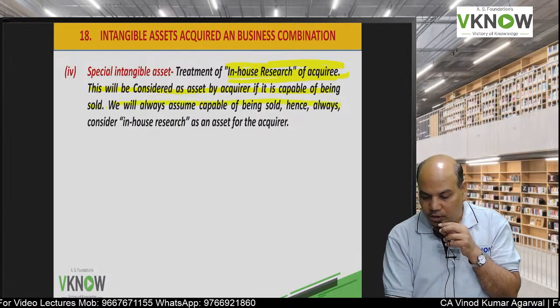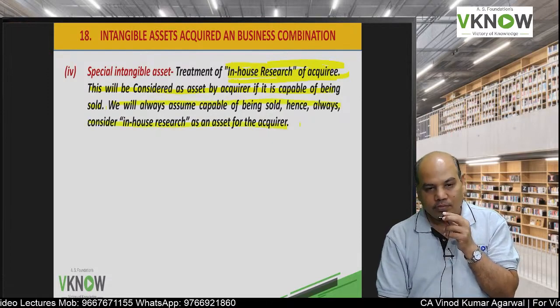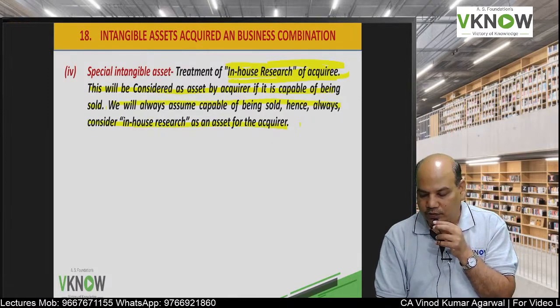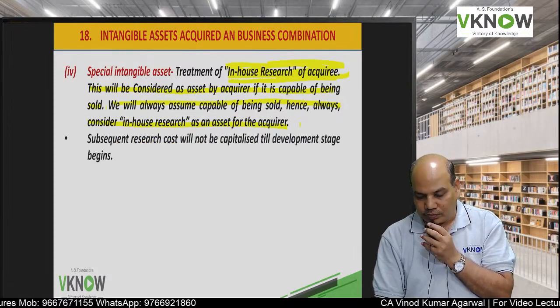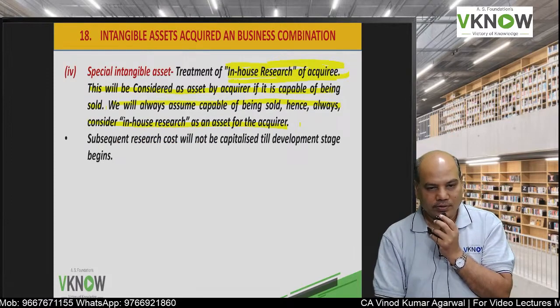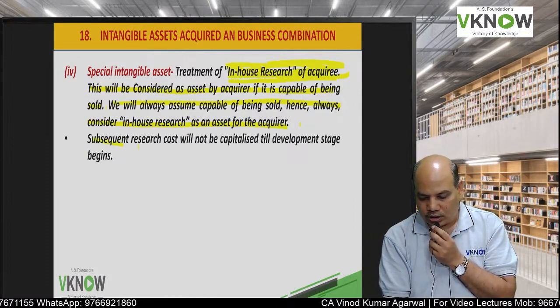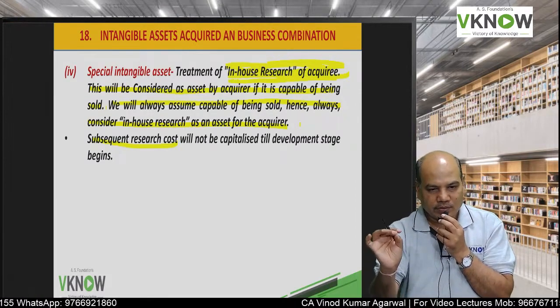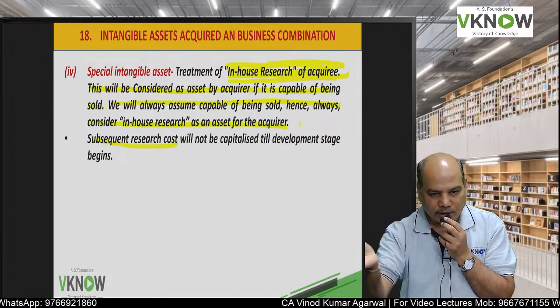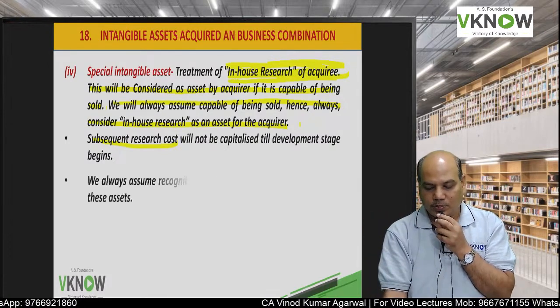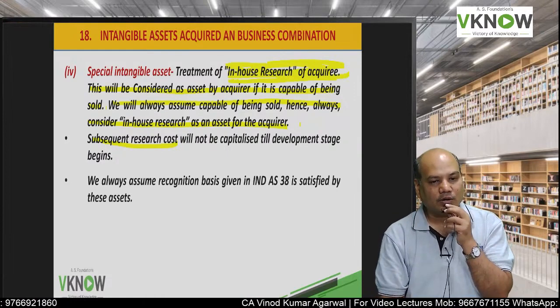If it is capable of being sold separately, then any in-house research division will be treated as a separate intangible asset. After you have acquired it, you incur two types of expenditure: research and development. Subsequent research expenditure will be charged to P&L account.